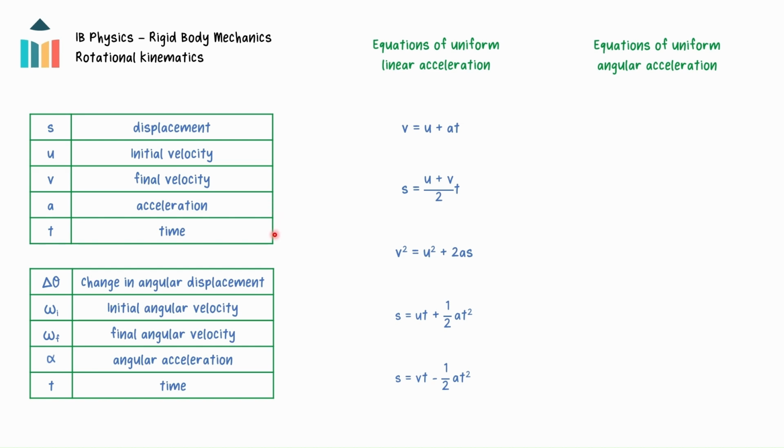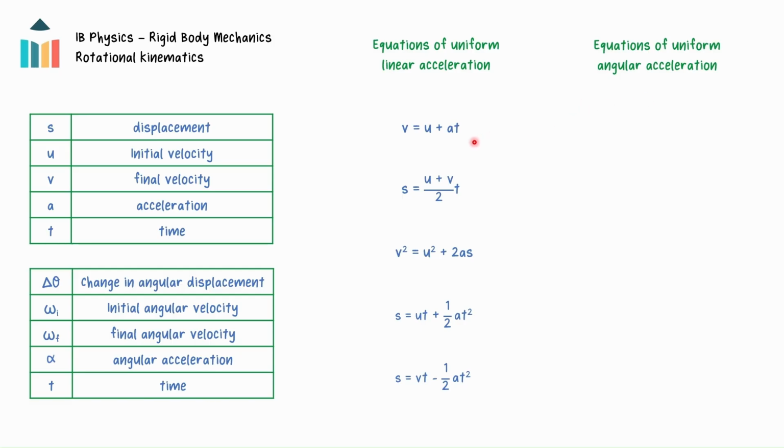For rotational motion, these have direct counterparts: angular displacement delta theta, initial angular velocity omega i, final angular velocity omega f, angular acceleration alpha, and the same time t. Each linear equation has an angular version that looks almost identical.